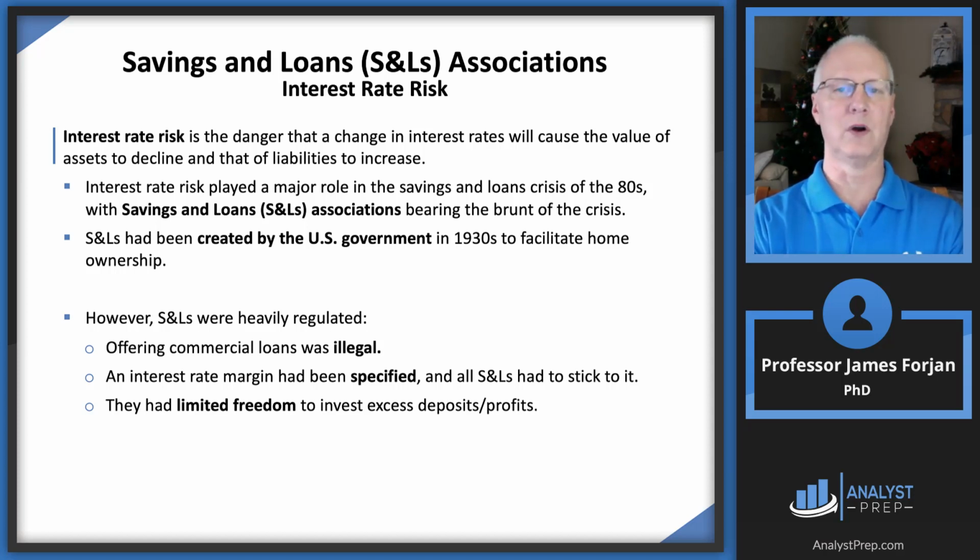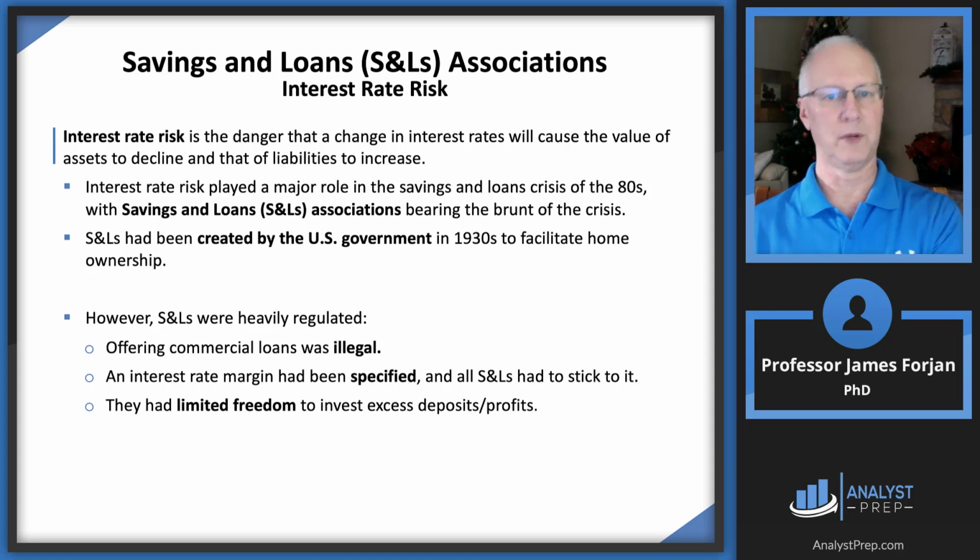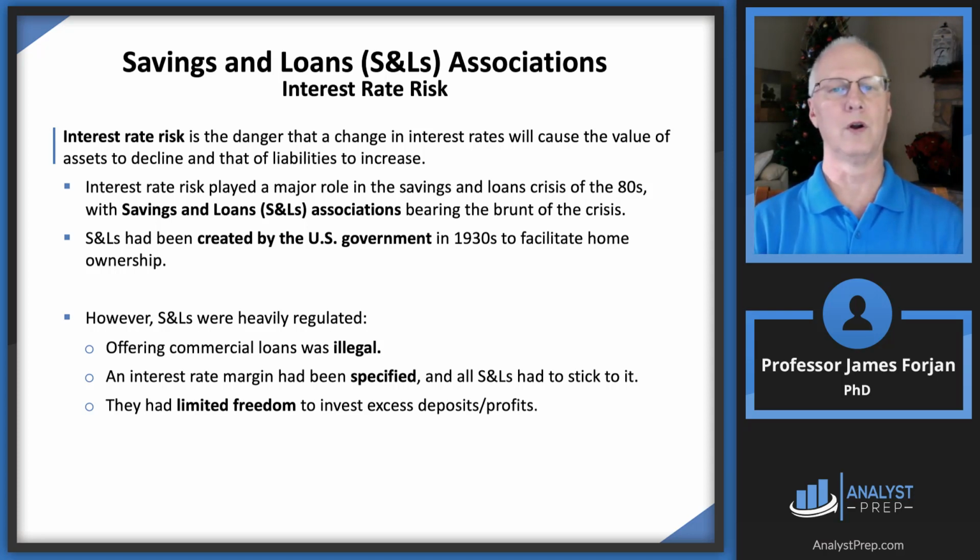Actually, S&Ls go way, way back, maybe even 100 years before the 1930s, all the way back when states would allow some of their financial institutions to form as a savings and loan association. But the idea, even in the 1800s, but clearly after the 1930s, was to create these institutions so that individuals could go to a particular financial institution to secure a loan for their home, right?